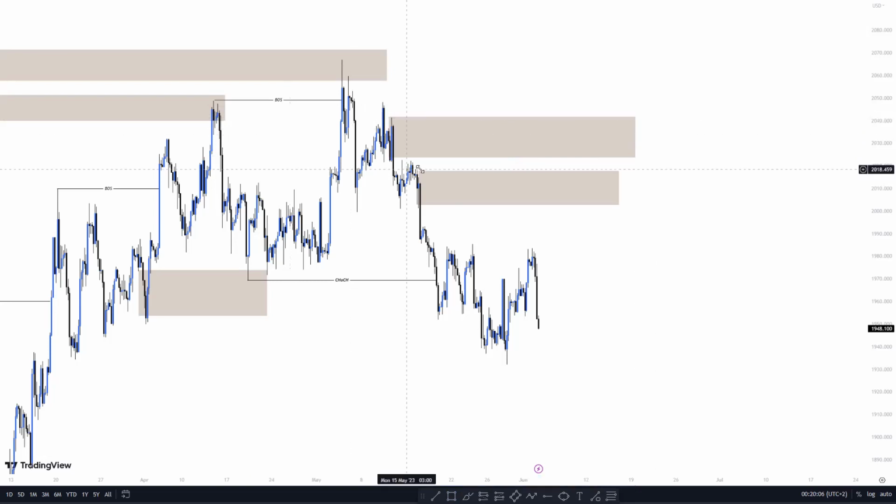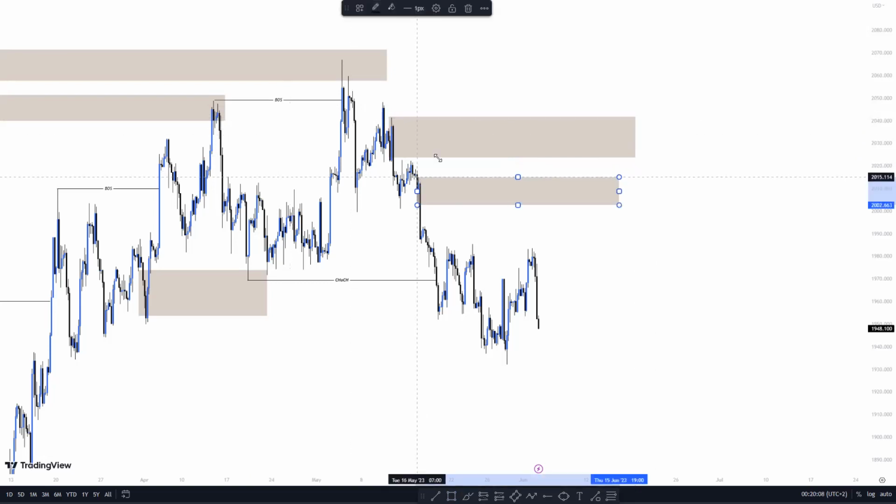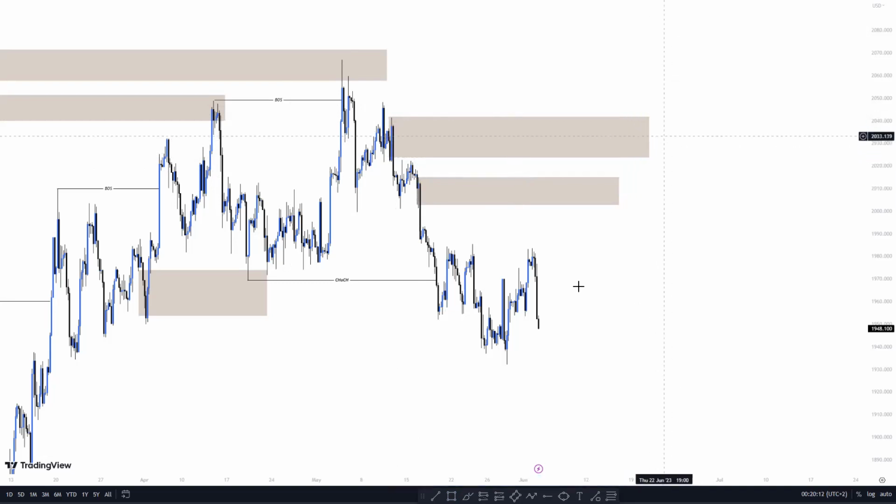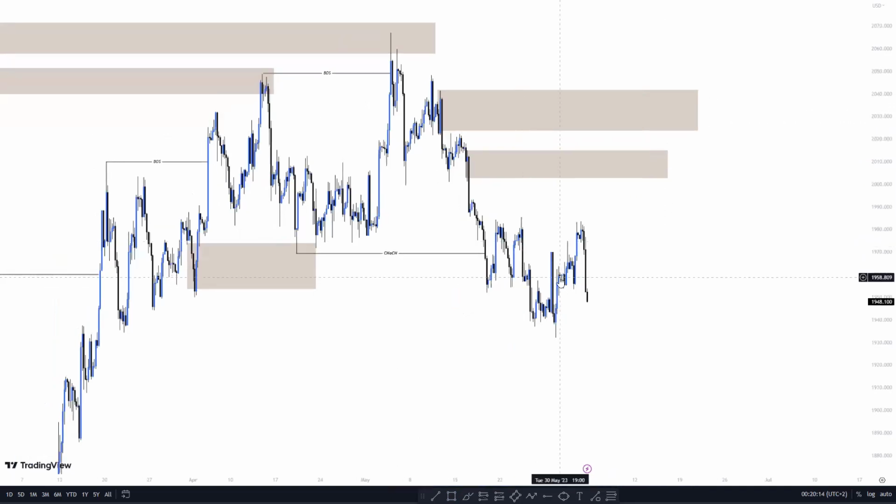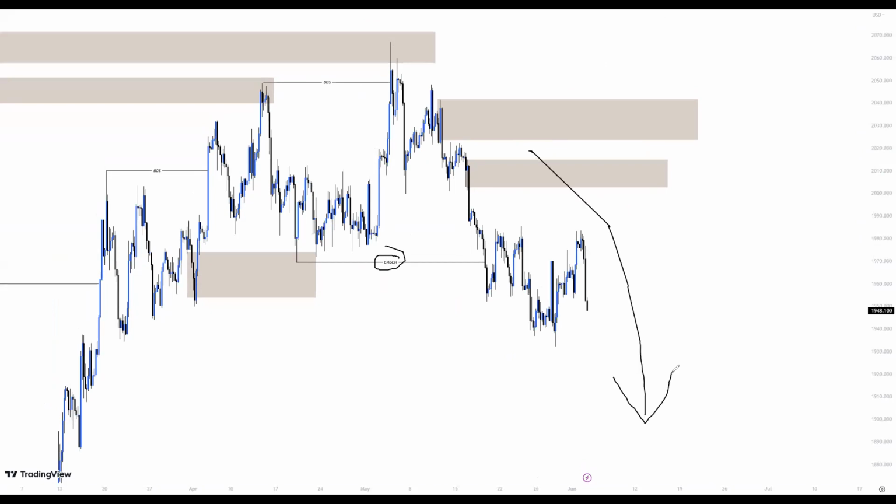I think I'll probably just have these two. So this is what we're waiting for. You cannot wait for the price to come here to confirm that the price is bearish. You should have taken some entries in between from here all the way down.